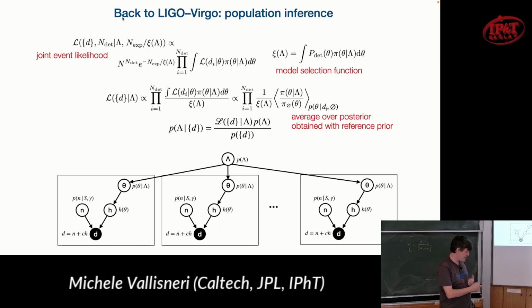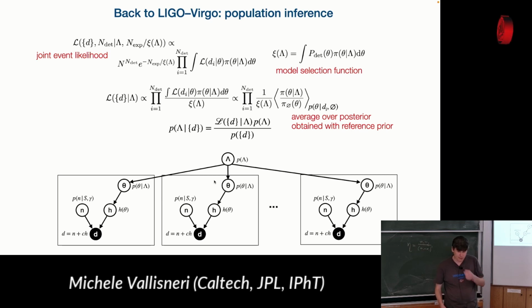In terms of my Bayesian networks here, now I have a top level of population parameters that then generate the realizations of binaries that I detect individually.